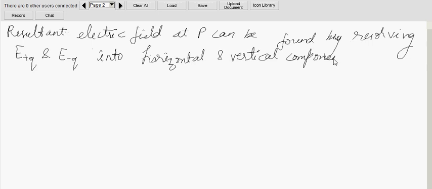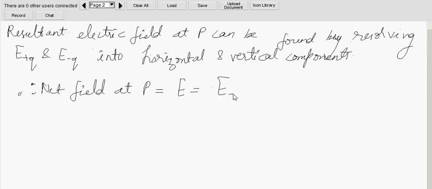Remember, the vertical components cancel each other, therefore the net field at P is E, which is equal to E plus q cos theta plus E minus q cos theta.